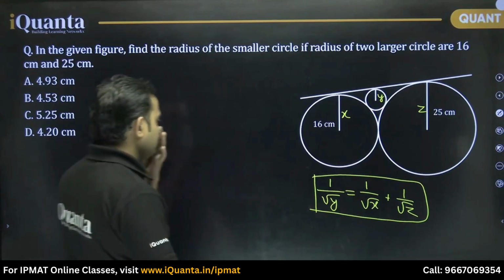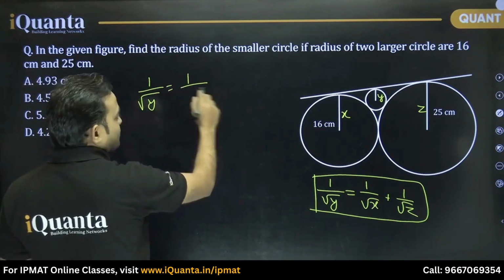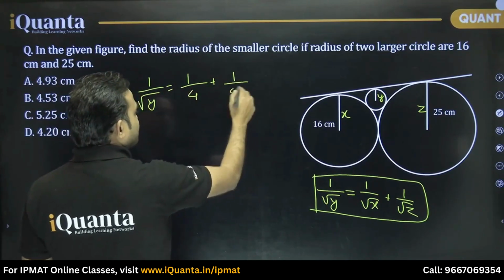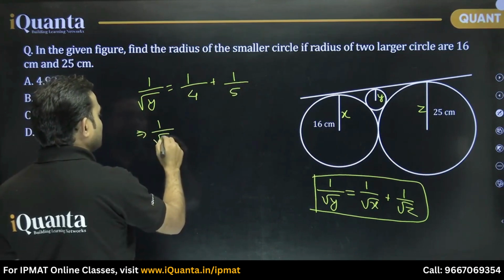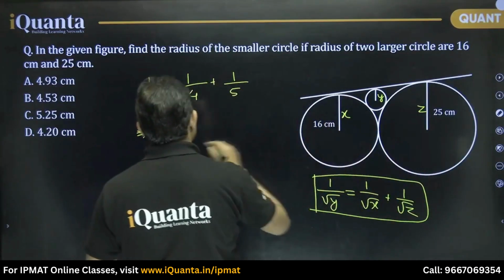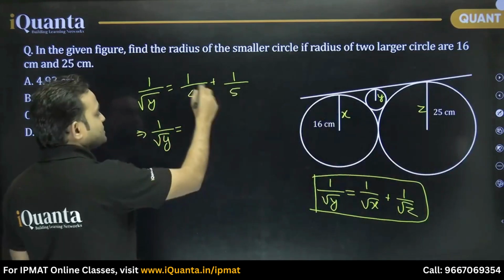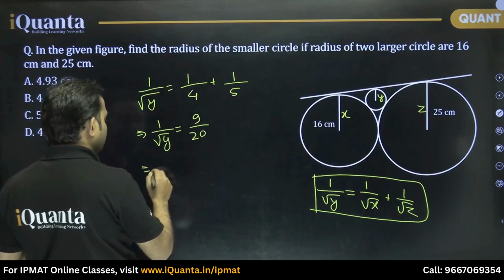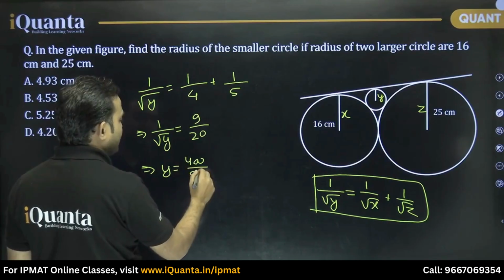Now we can simply use it, that 1 upon square root of y is equal to 1 upon square root of 16 will be 4 plus square root of 25 will be 5, or we can say 1 upon square root of y is equal to, this will be 9 upon 20, or y will be equal to 400 upon 81.